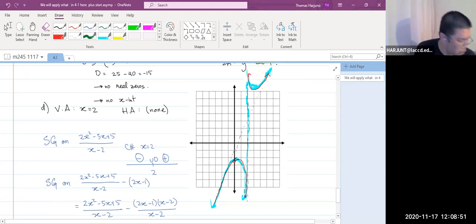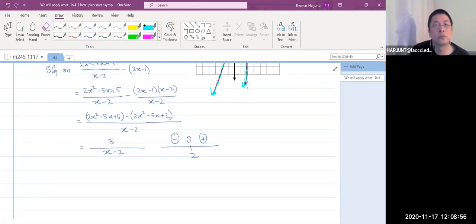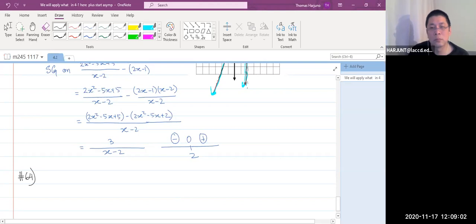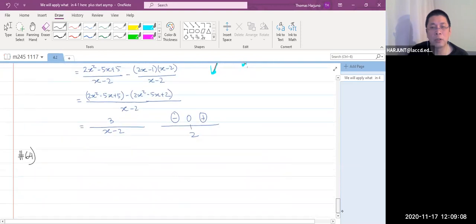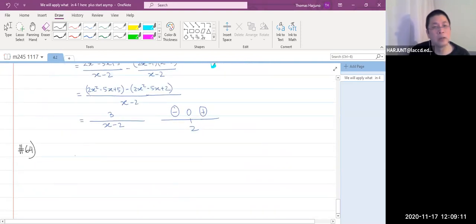Let me do one more, number 64. Yeah, I will convert this to PDF and put it on the discussion board later on. Number 64, let f(x) equal (2x cubed plus x squared minus 8x minus 4) over (x squared minus 3x minus 2).